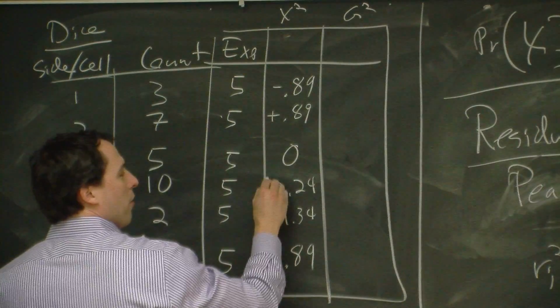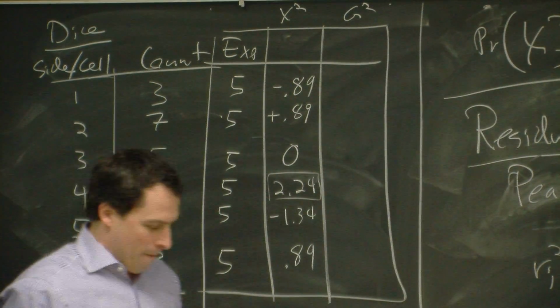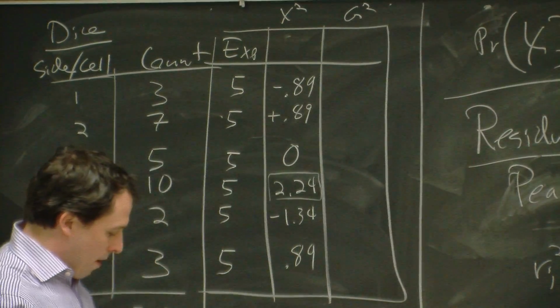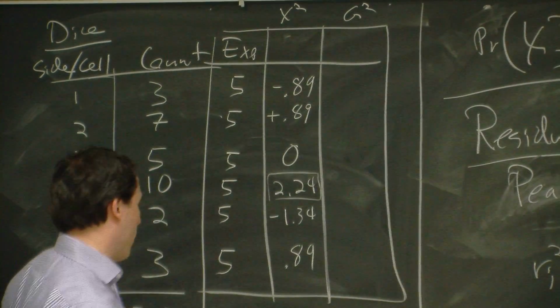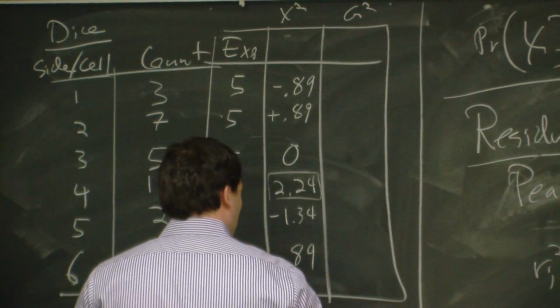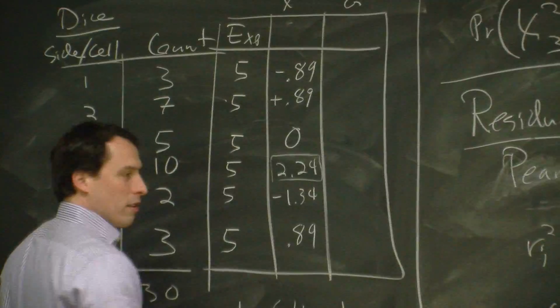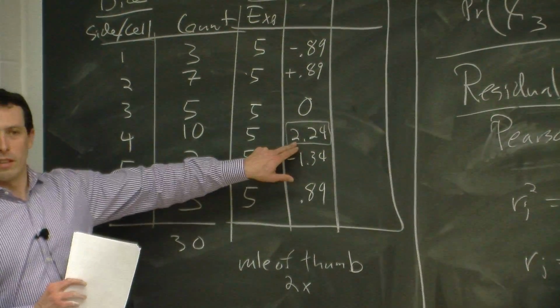Okay, so as you can read from the table, the only one that's kind of big is that one. And that's kind of a rule of thumb. The rule of thumb, not for significance, but to look more closely, is about two. So this one's a little bit big.